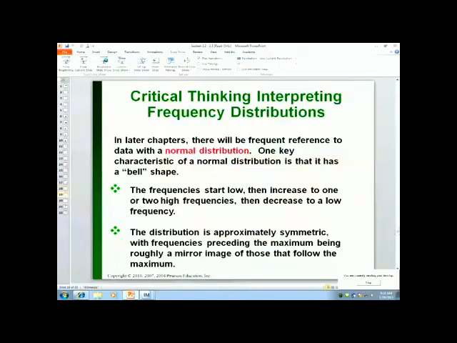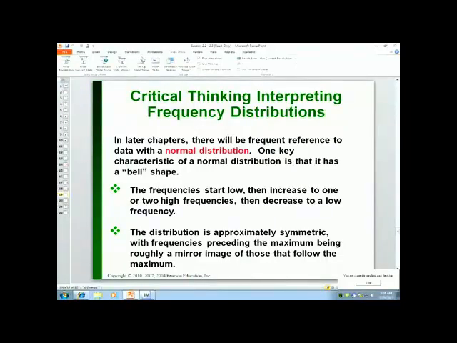Later we'll make a big deal of a normal distribution. This section just mentions it briefly, gets it in your head, and says we'll come back to it later. But a normal distribution is also called a bell-shaped distribution. And I bet a mental image pops in all of your heads when I say the bell-shaped curve.